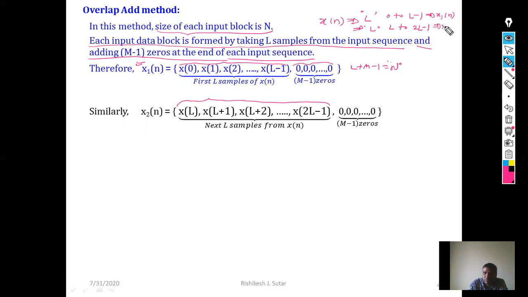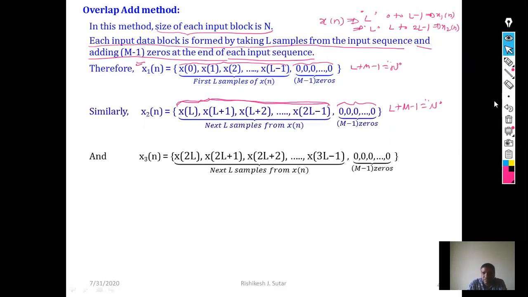This should be my x2 of n: the next L samples and M-1 zeros. So the number of samples is L and the zeros are M-1, and ultimately the total number of samples becomes capital N, and so on. Like this, in x3 of n also, you will consider the next L samples, that is twice L to thrice L minus 1.